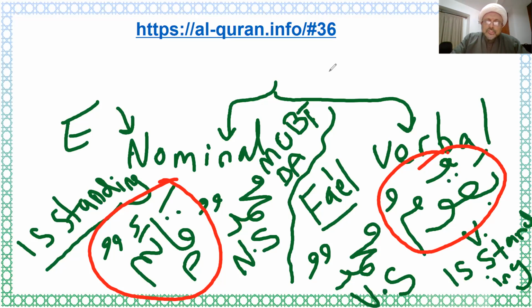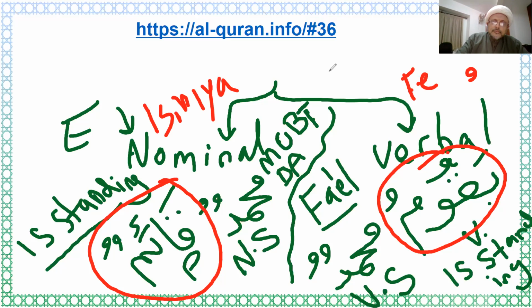The one which is in red would define in the sentence whether it is a nominal jumla ismiya, we call it ismiya, and here we call it fi'liya. I'm not too focused on the English spelling, as long as you're able to understand.